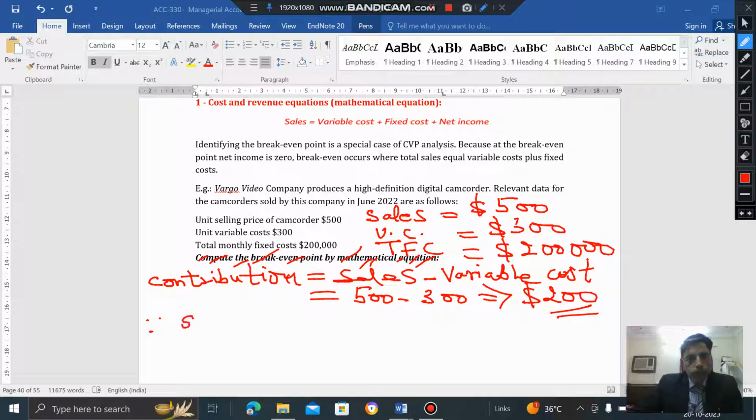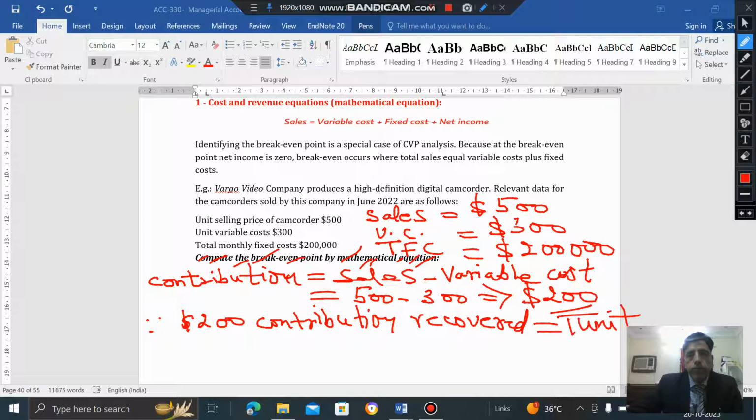So you can write here: $200 contribution recovered is equal to 1 unit, meaning from 1 unit sold. So $1 of contribution can be recovered from selling 1 upon 200 units. Now we have to include this portion, because to calculate the exact break-even point in terms of units, we need to know the recovery of the fixed cost also.